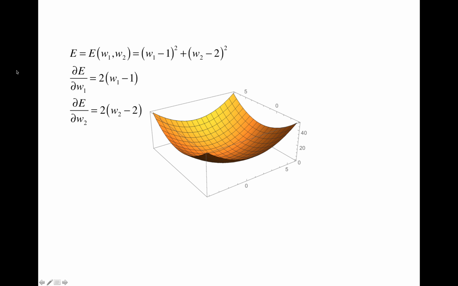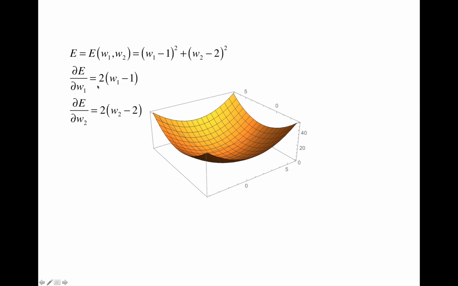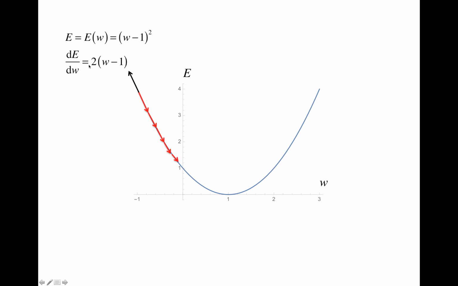And the Python program for this two-weight problem is almost identical to the Python program we used for solving the one-weight problem. The only difference is in the function for calculating the derivatives of the error with respect to the weights. For the one-weight problem, it's just one number.